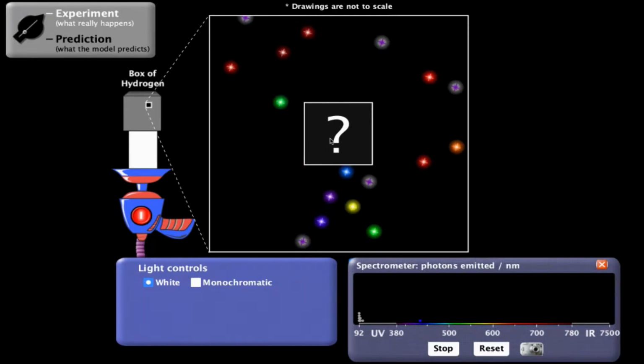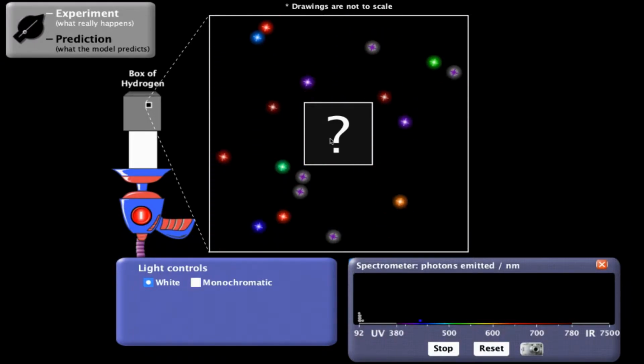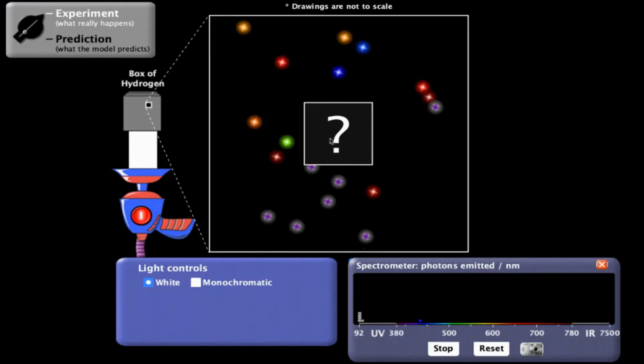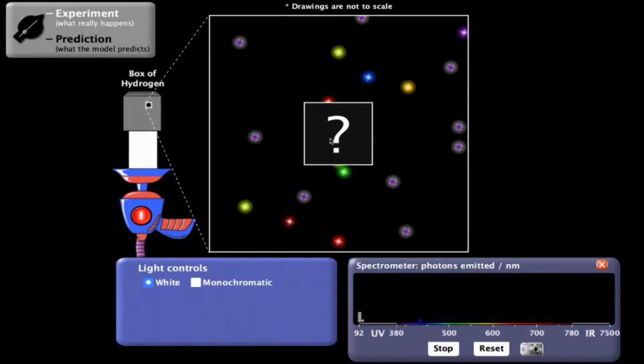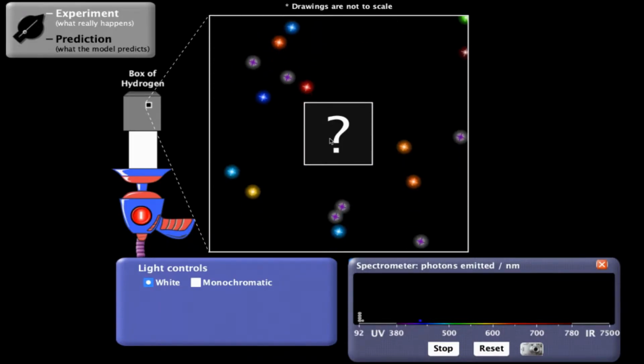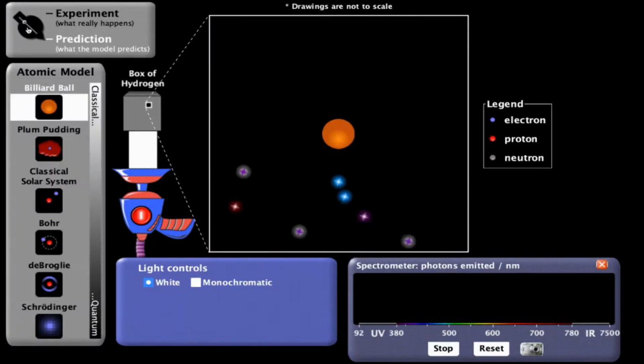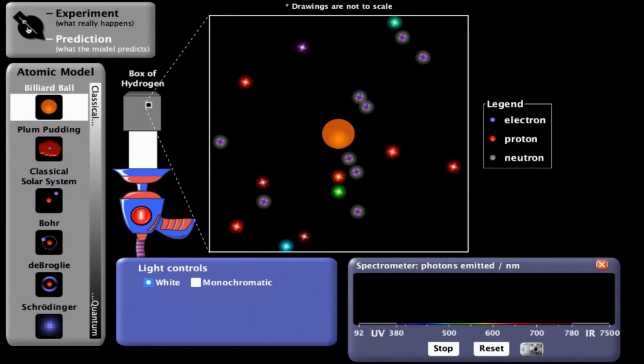What we can see from this experiment is that specific wavelengths of light are being absorbed into our atom, whatever it looks like, and then some bits of light are being released. If we turn to our predictions, we start with our billiard ball model.